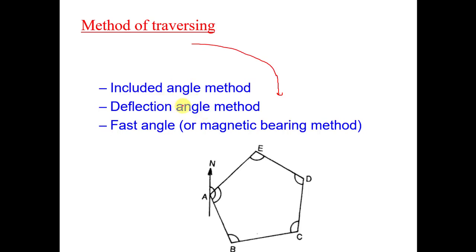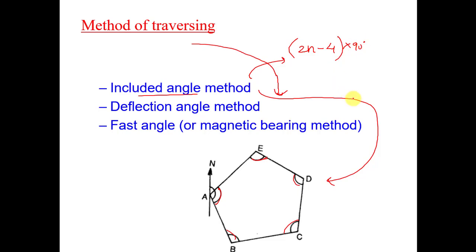So a closed traverse can be shown in this figure, which starts from A to E, D, C, B, and again finishes at A. This closed traverse can be drawn with the help of included angles, which are the inside angles A, E, D, C, and B. These are your included angles, and the formula for the summation of all included angles is (2n minus 4) times 90 degrees.